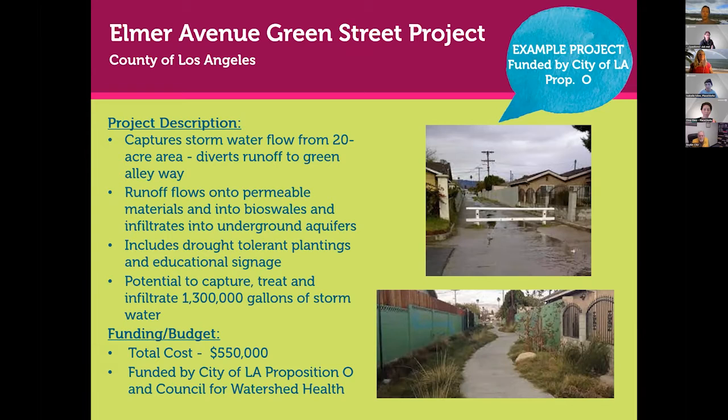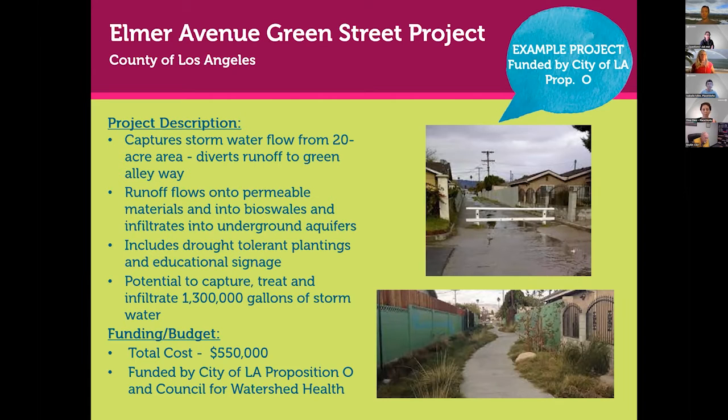But obviously to treat some of the pollutants in our stormwater, one of the most cost-effective ways, which has additional benefits, is infiltration and capturing that for stormwater recharge as a resource. So I think that's something we'll see as that develops in the next couple of years.